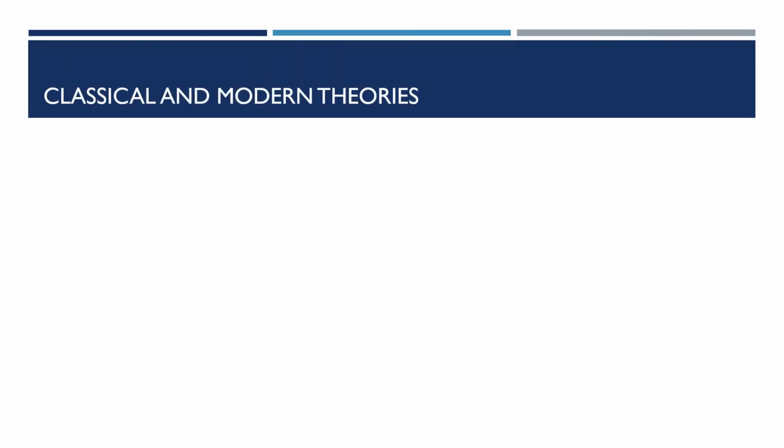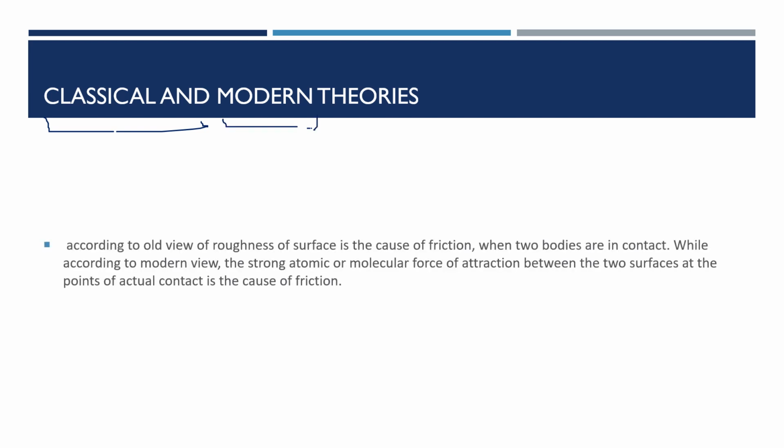Classical and modern theories on friction. Now we know that there are theories on every topic. One theory can be the old one and the second one can be the modern one. As well, friction also has two theories. According to the old view, the roughness is the cause of friction.